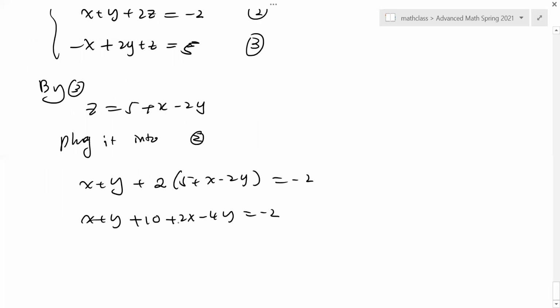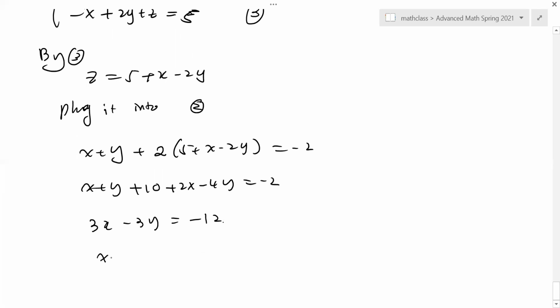So x plus 2x is 3x, y minus 4y is minus 3y, and 10 is moved to the other side, it's negative 12. Then I divide both sides by 3. That's my equation 3.